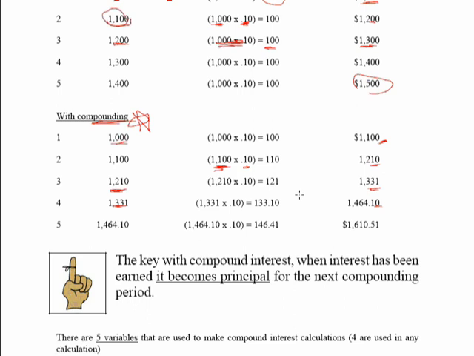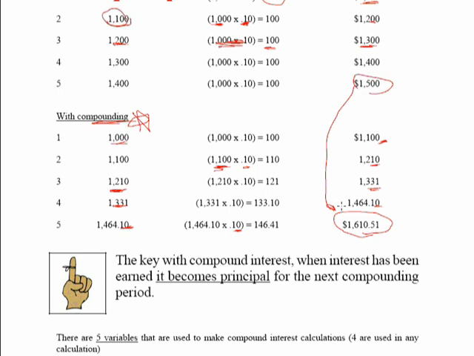The 5th period, we have a beginning balance of $1,464.10. We make a full 10% return on that total balance. That gives us interest and compound interest of $146.41, which gives us an ending balance of $1,610.51, over $110 more than our ending balance in our no compounding example, $1,500.